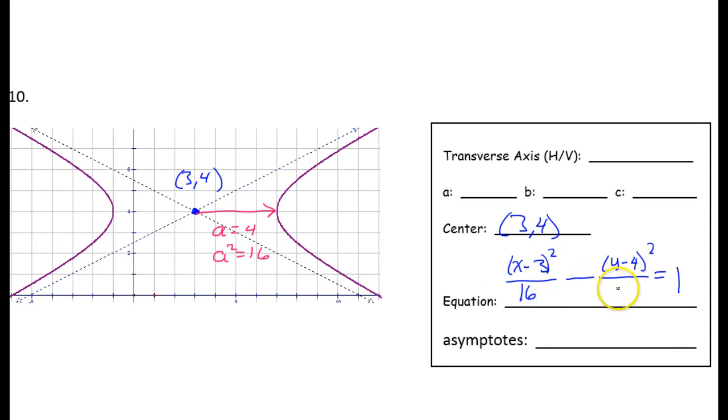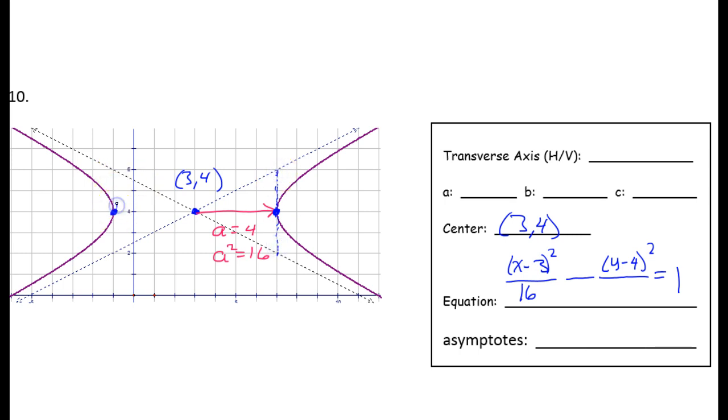Now, the second denominator, the b squared, that's slightly more tricky because we have to draw the rectangle to find it. So we know that the two sides of the rectangle, the vertical sides in this case, will go through these vertices. So let's go ahead and build the sides of the rectangle. We know that the asymptotes have to go right through the corners of the rectangle.